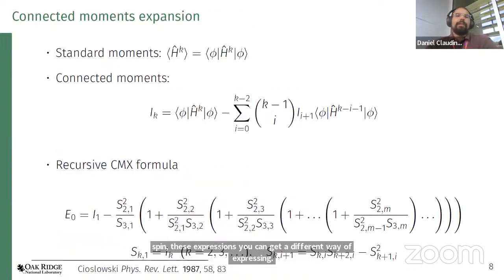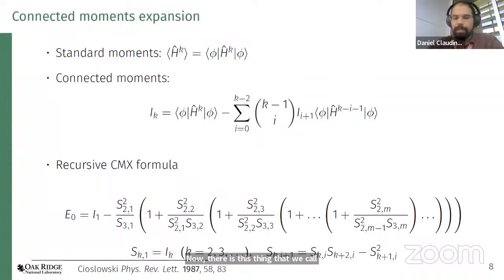Now, there is this thing that we call standard moments, which is simply the expectation value of the power of the Hamiltonian for your chosen trial state. There is this other way that we call connected moments, which is this recursion, and then taking those, you can go different paths. So you have this formula for an approximation to the ground state that we call the connected moment expansion formula, and there are different ways of doing this.